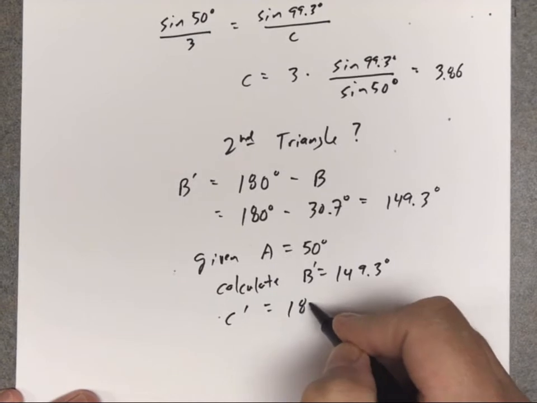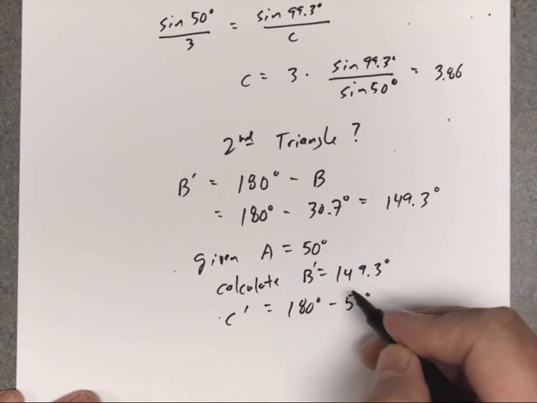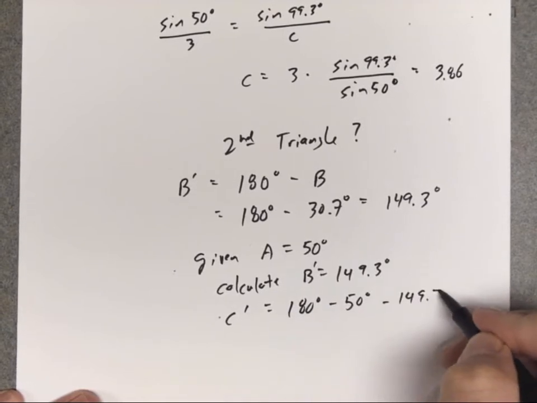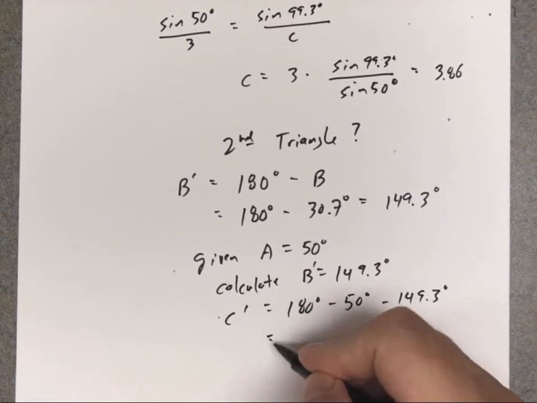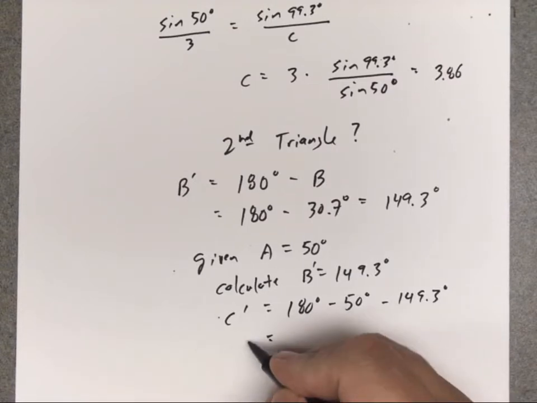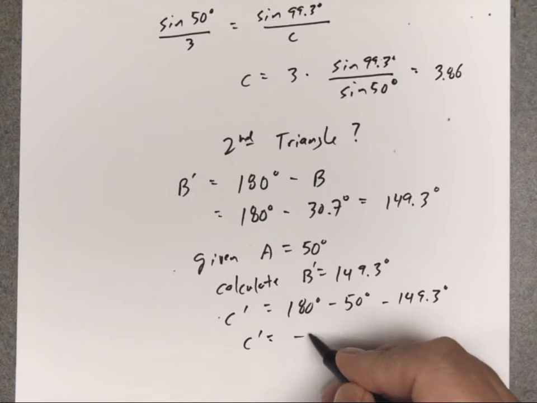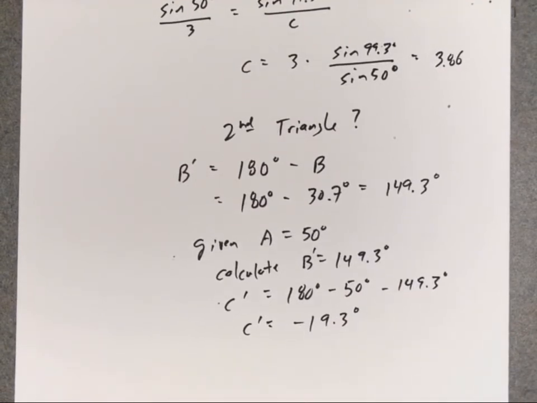Well, we know you take 180 degrees minus angle A minus angle B. So we're going to grab my calculator and say 180 minus 50 minus 149.3. And then you say my angle C of my second possible triangle is negative 19.3 degrees.